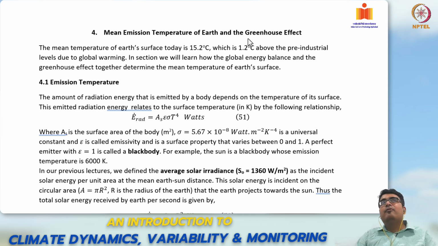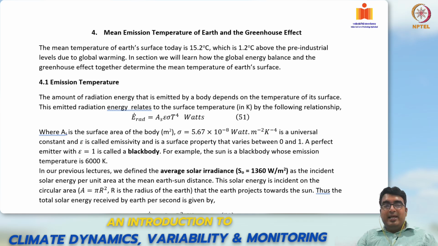That is what we will say is the mean temperature of Earth as seen from space. Just as we said that the mean temperature of the surface of the sun is 6000 kelvins, or we say mean temperature of Venus, mean temperature of other stars or other planets as seen from space, we can also determine the mean temperature of Earth as seen from space.